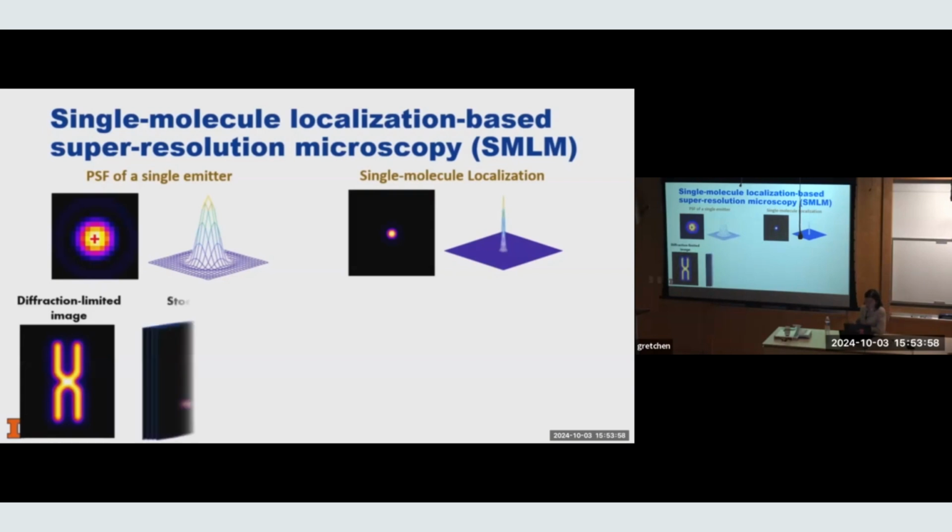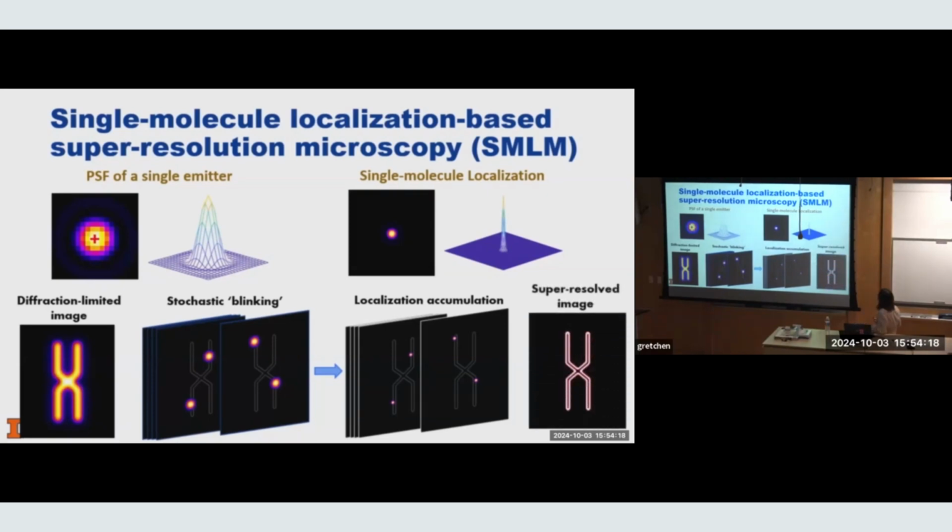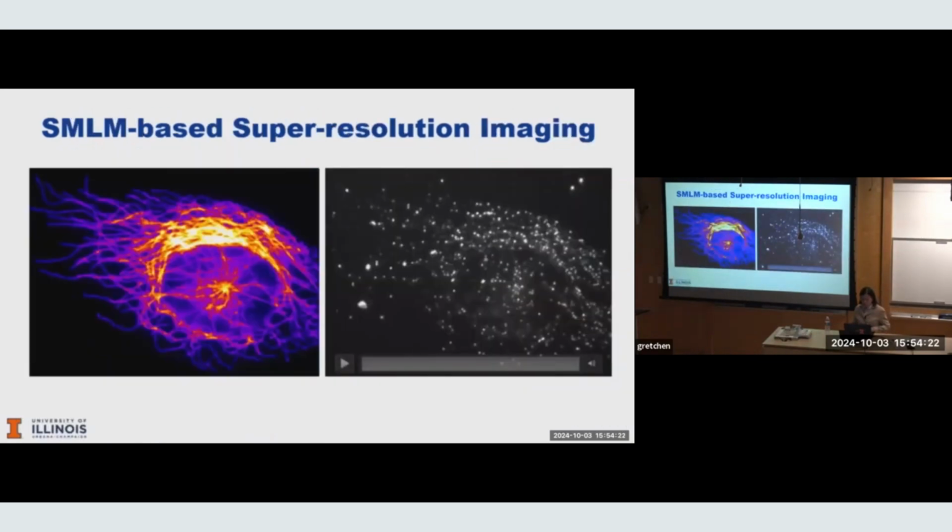With some help from photochemistry and photophysics, we can switch most of the molecules into the dark state, leaving a small subset of the molecules on. That creates this single molecule or sparse condition, and then we can localize the center of each and eventually reconstruct the super resolved image. This is what you see in action.